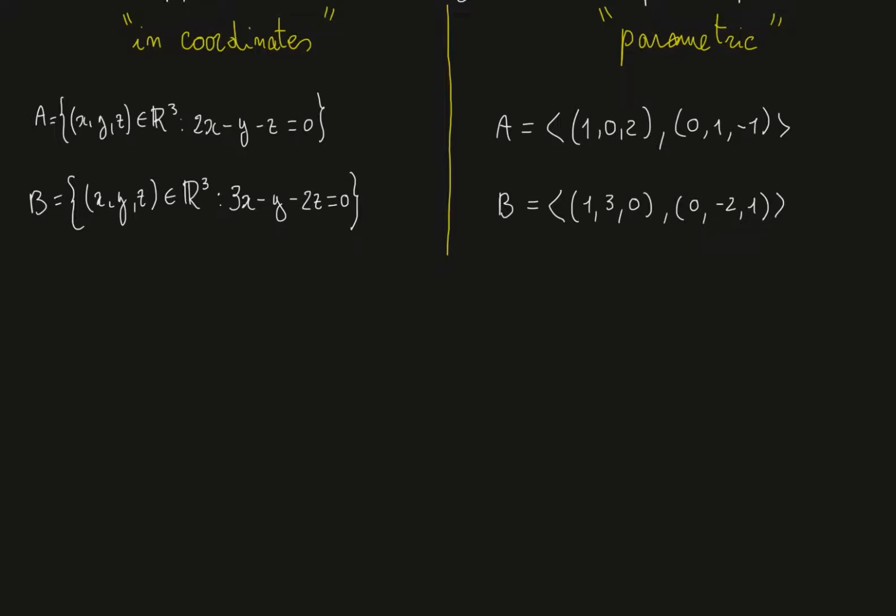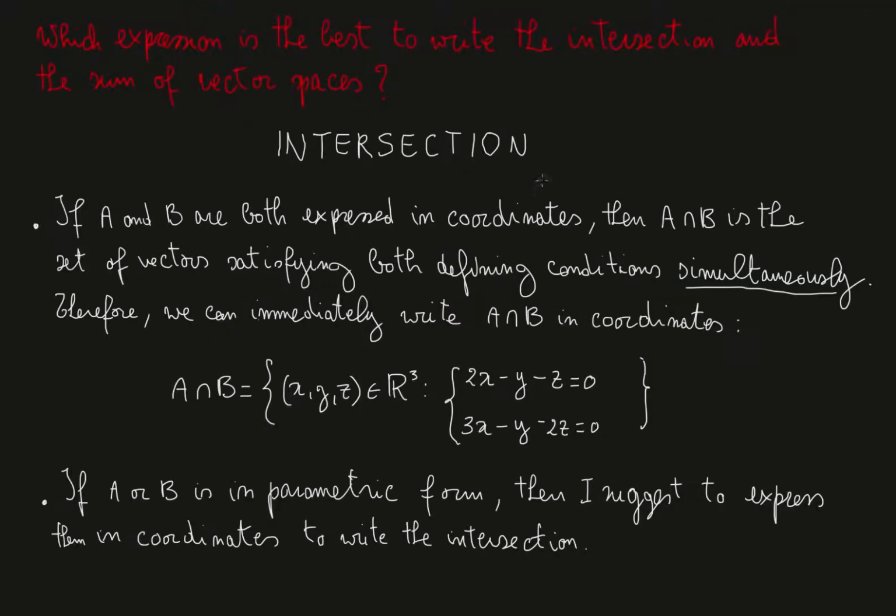Therefore, we pose ourselves the following question: which expression is the best to write the intersection and the sum of vector spaces? For the expression of an intersection, we can say that if A and B are both expressed in coordinates, then the intersection A with B is the set of vectors satisfying both defining conditions simultaneously, the defining conditions describing A and B. So in this case, we have the following representation of the intersection, again in coordinates.